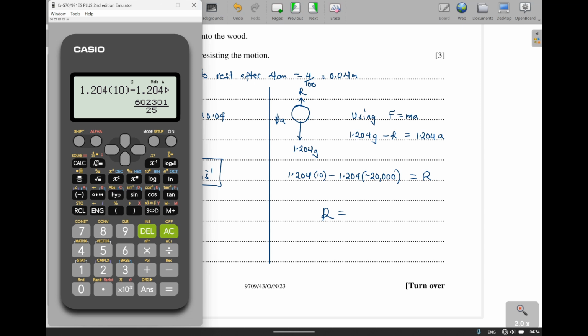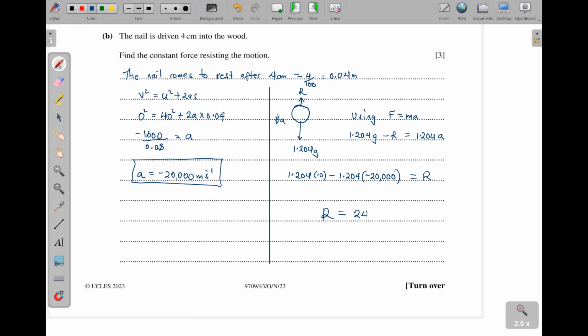So that is the fraction there, 602301 out of 25. But I think if it is divisible by 25, then it is a terminating decimal. So I can write 24092.04 newtons. So that is that.